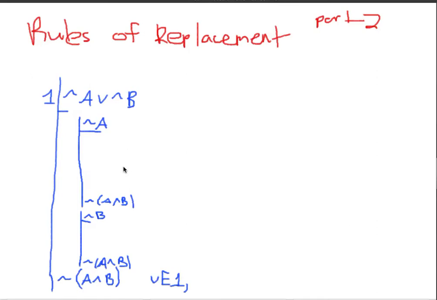This will be informative. So my goal here is to get not A and B, and to do that, I'm going to use negation introduction. So I'm going to assume A and B for the purposes of negation introduction. And I was a little bit lazy up here, but this up here should say for the purposes of disjunction elimination.